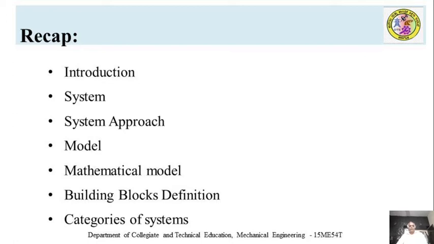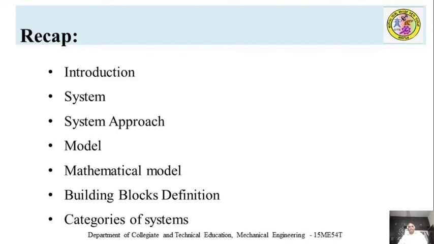Model is a hypothetical description of a system. Mathematical model is a precise model which describes a system very precisely by using mathematical equations. Building blocks are the elements or subsystems or components of a system which put together constitute a system.